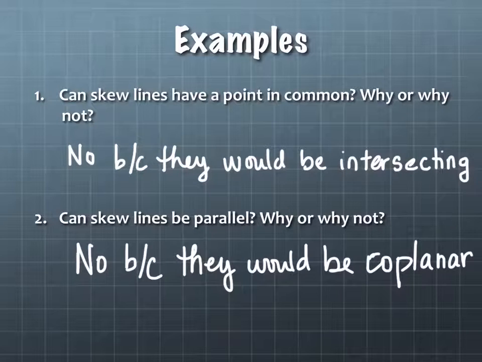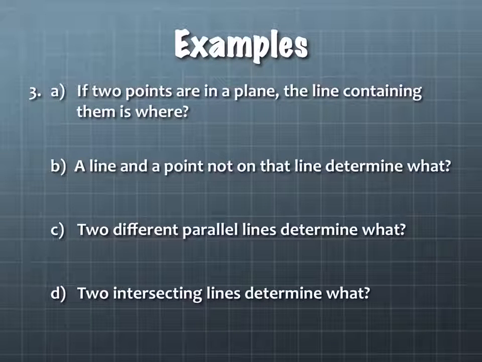Another one. I'm going to let you fill this one in on your own, and then we'll see how closely our answers match. The first one says, if 2 points are in a plane, the line containing them is where? The second one, a line and a point not on that line determine what?